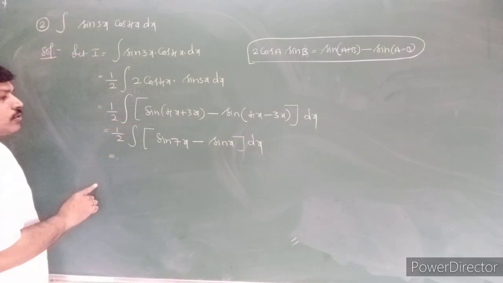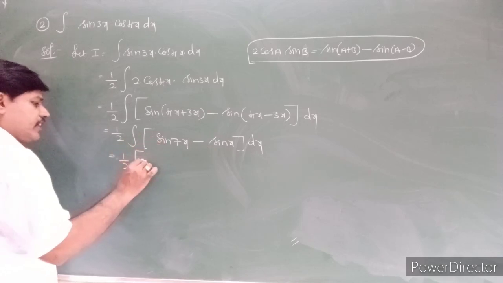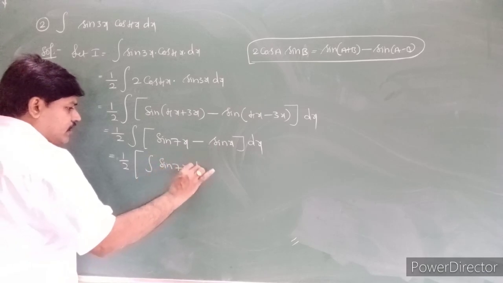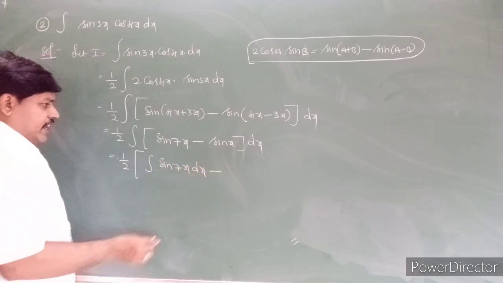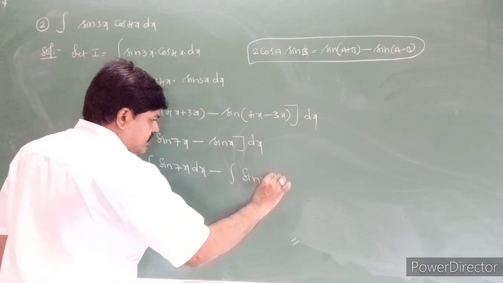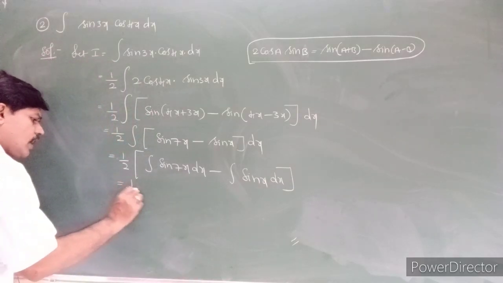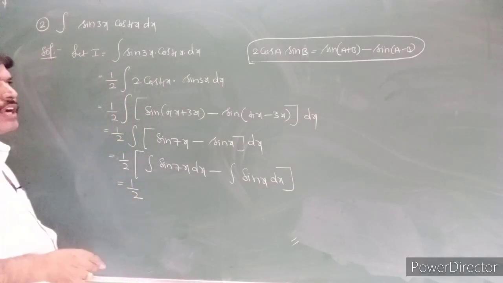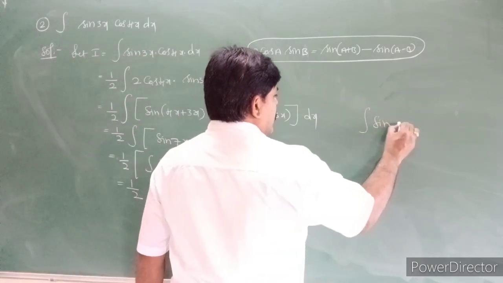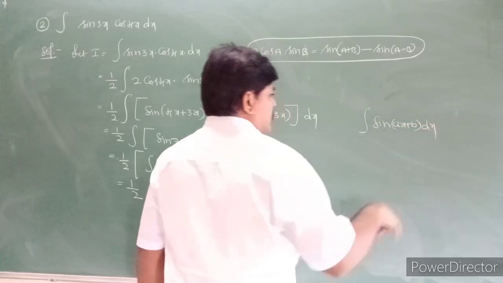So that is equal to 1 by 2 into, apply the integral: sin 7x into dx minus integral of sin x into dx. I have already given formulas. What is that? Integral of sin of ax plus b into dx.